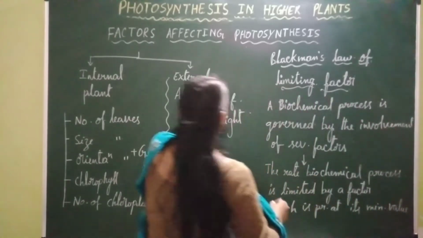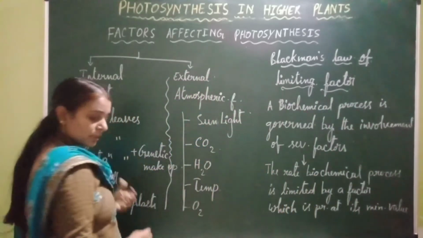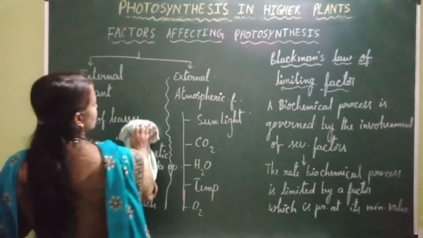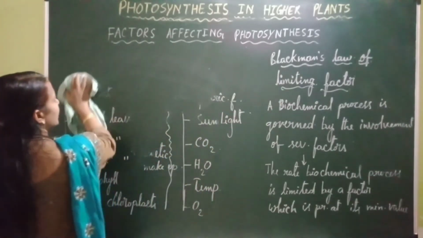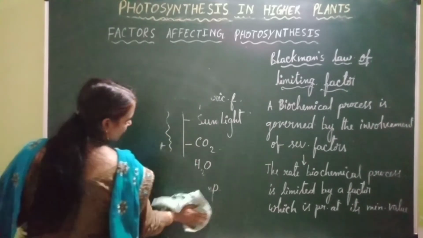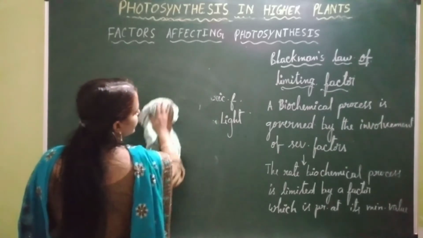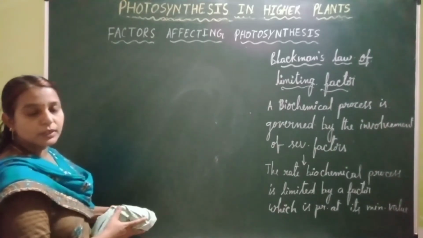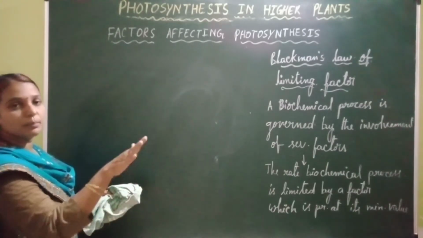I will explain this. Photosynthesis is a biochemical process, right? This photosynthesis occurs by the involvement of factors like carbon dioxide, water, sunlight and chlorophyll. Among all these factors, the factor which is present at minimal value is involved in limiting this biochemical process.